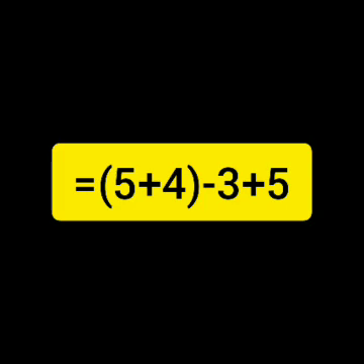For example, 5 plus 4, that can be enclosed within the brackets. Then minus 3 plus 5. So if this is an expression, then 5 plus 4 will be performed first because it is given within the parentheses or brackets. So these are the different types of arithmetic operators.